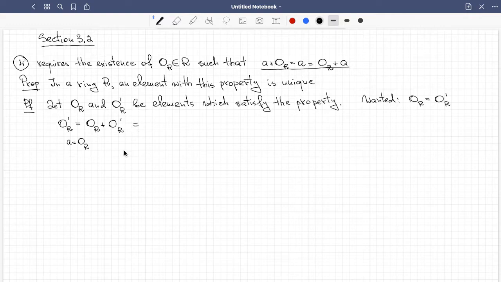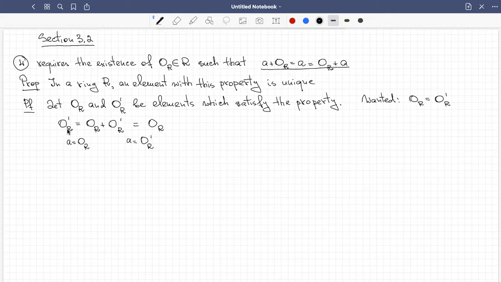But now 0'_R also satisfies the same property: 0'_R plus every A is this A. And this is 0'_R plus 0_R. So we take this same requisite property with A equals 0_R. Then this is 0_R.